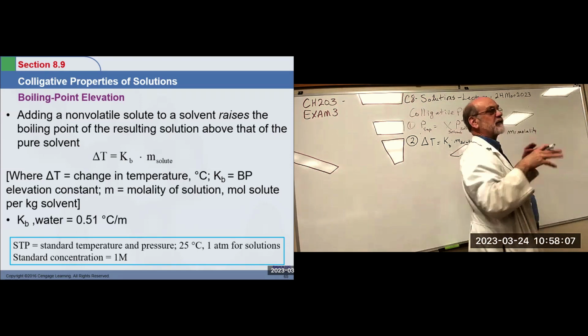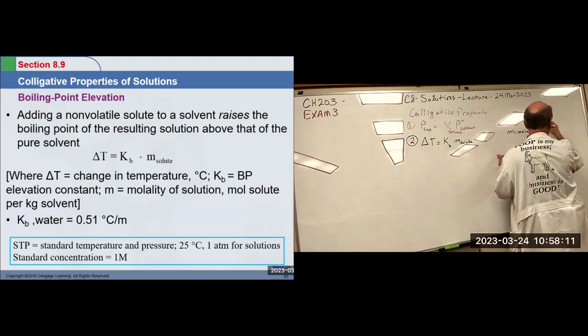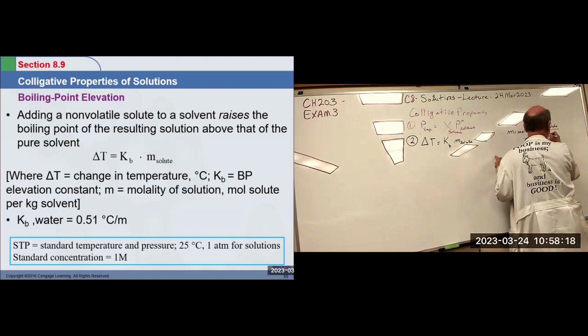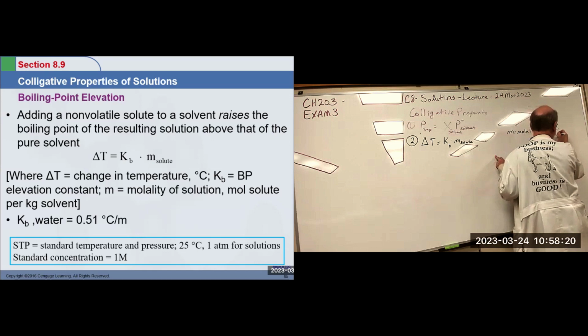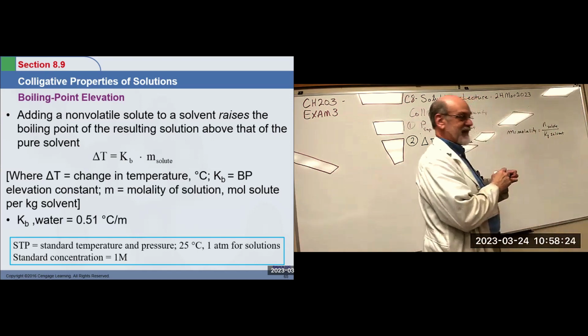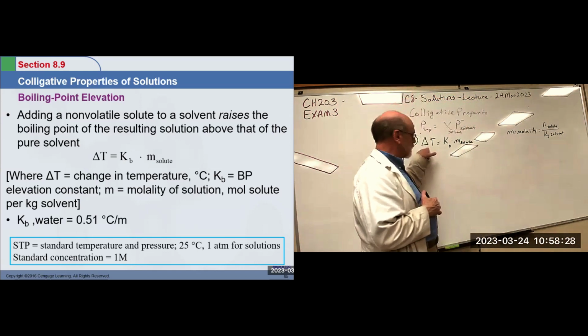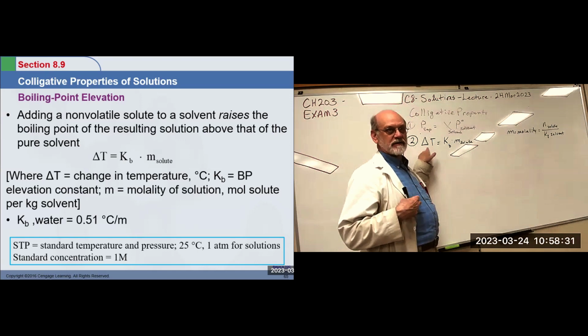Okay, it's similar to molarity, except it's equal to moles of the solute divided by the kilograms of the solvent. Okay. Now, why would we use that instead of molarity? Well, because we're interested in temperature change.